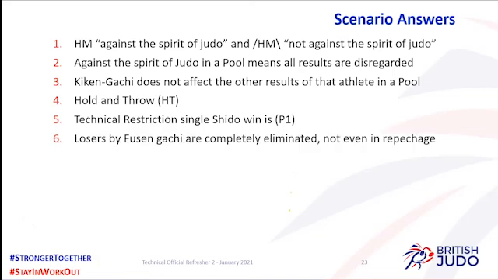Losers by Fusengachi are completely eliminated. They are not even put in the repechage. So the question is, where do they go in the repechage? Well, they don't. So losers by Fusengachi are completely eliminated, not even in repechage.